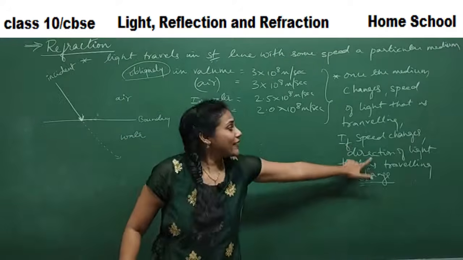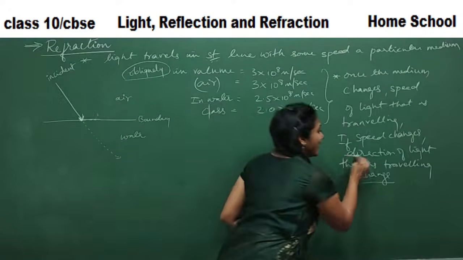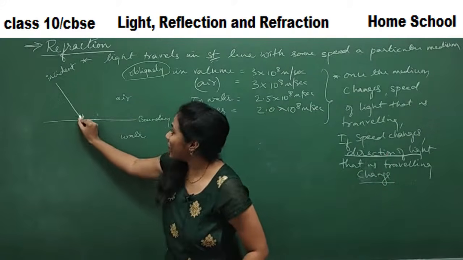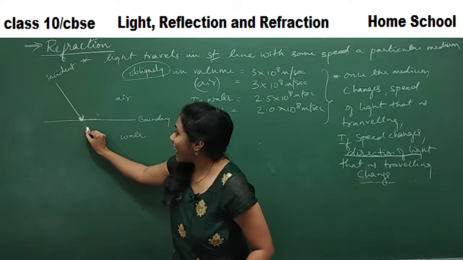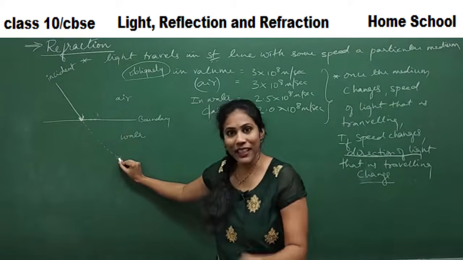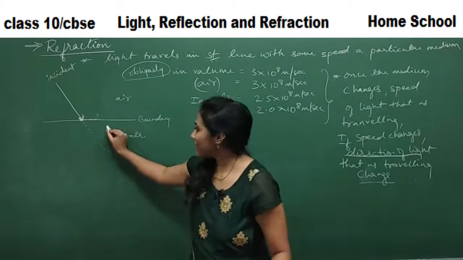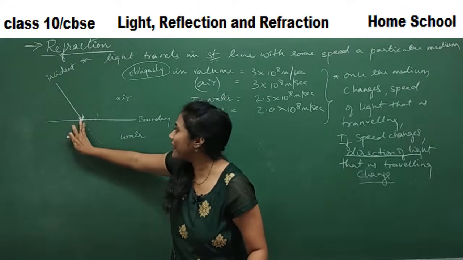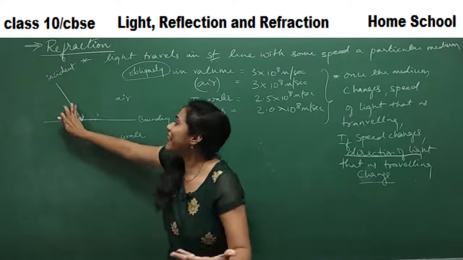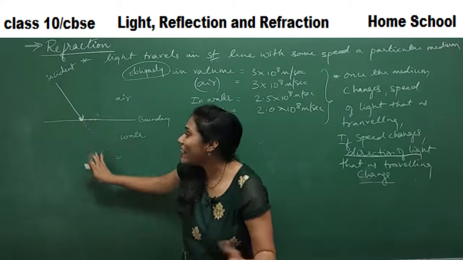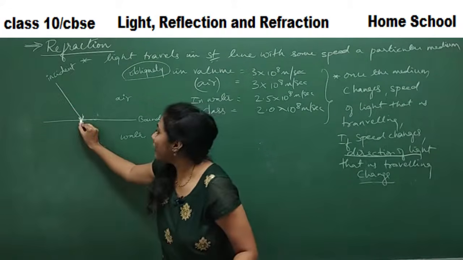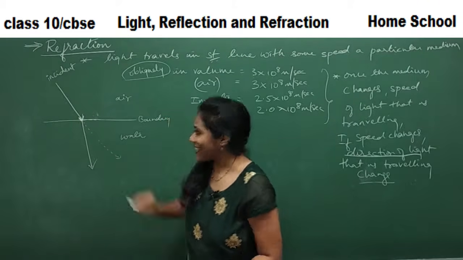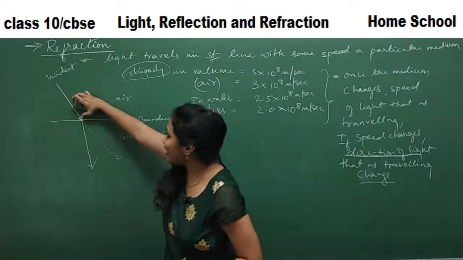Due to that, I told you, the direction of light changes. So will this incident ray travel in the same direction in water? Never, because the speed automatically changes. It comes and strikes here. The moment it strikes here, the speed of light traveling in water changes, so this particular ray now travels like this. See what is happening here?